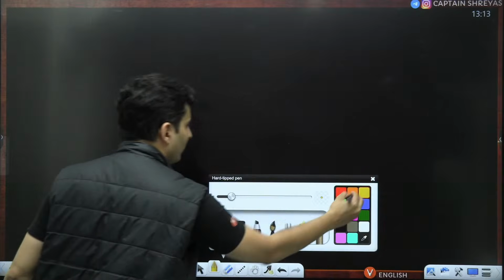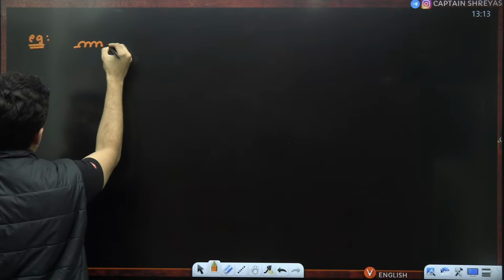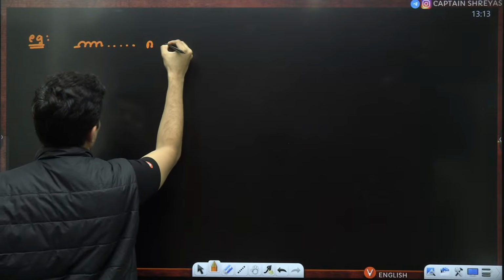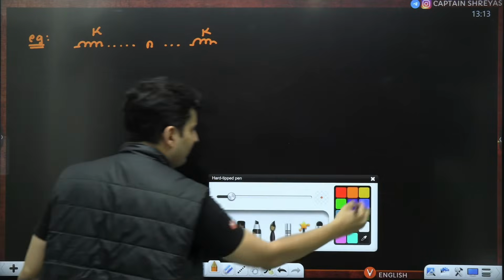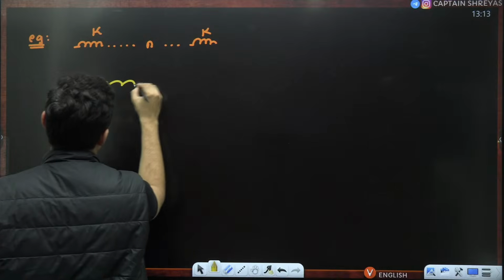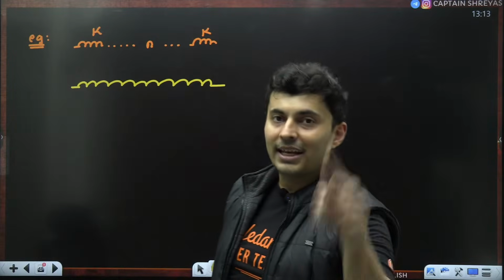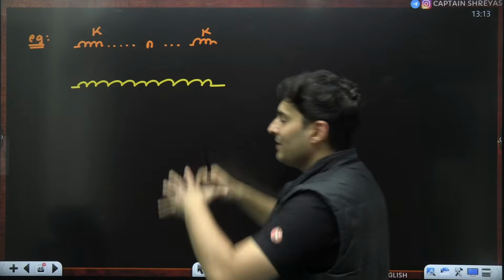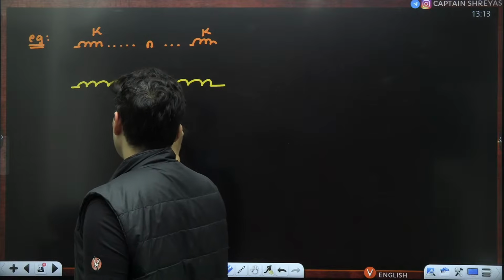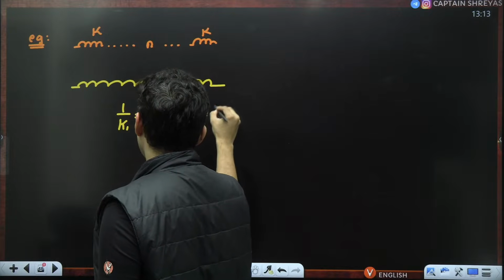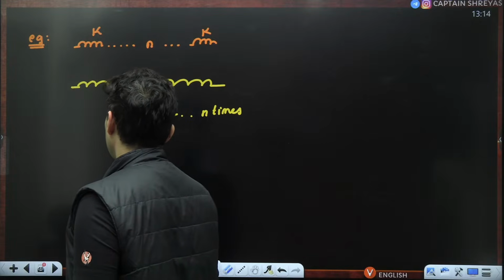The reverse also will hold true. If you take n identical springs, each of constant k, and join them together to get one single spring, a lot of you will think that I will get the spring constant of nk. Wrong. When you add these springs, 1 by, let's say, k1 will be 1 by k plus 1 by k, like that, n number of times, which will be n by k.